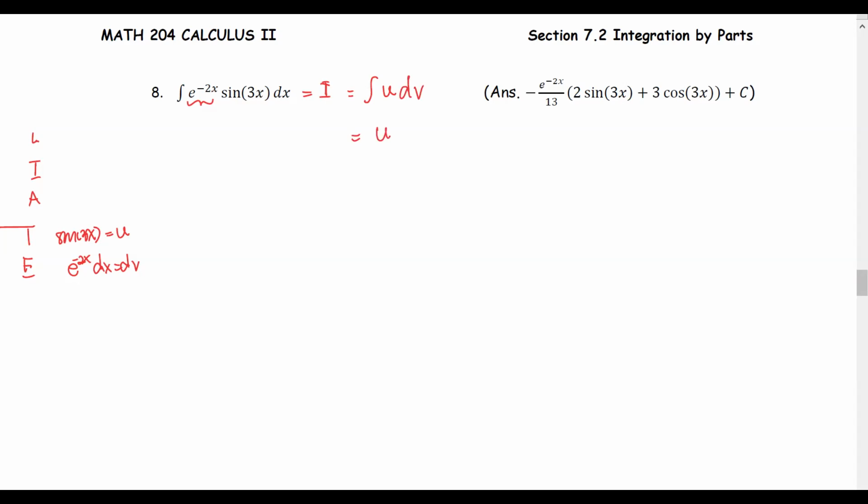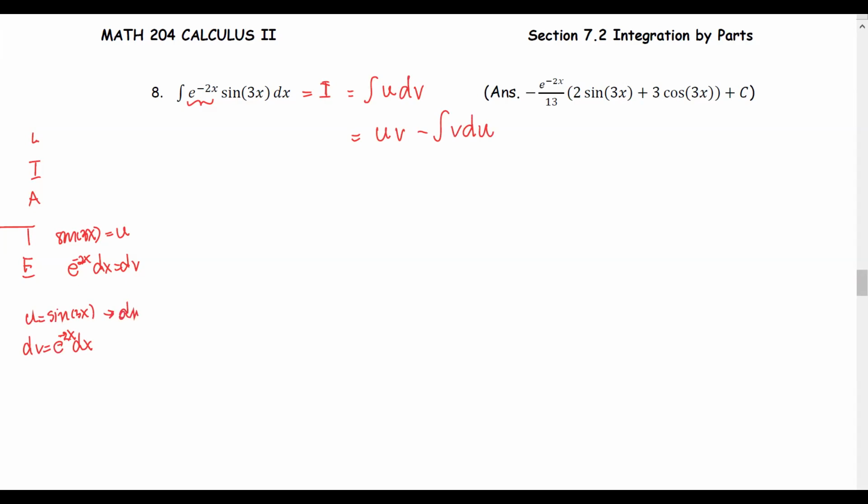Follow the formula u times v minus the integral of v du. So for the original terms, u equals sine of 3x and dv is e to the negative 2x dx. Now we're going to find the du.